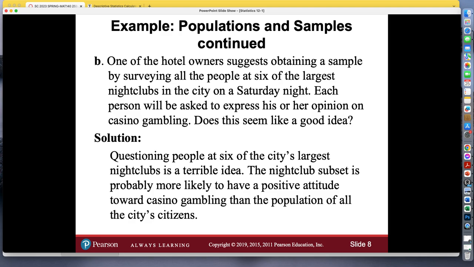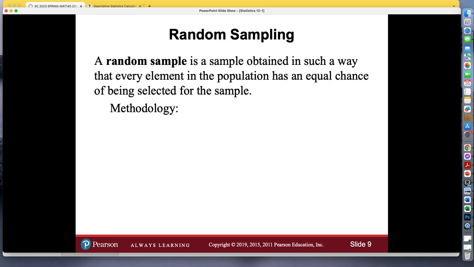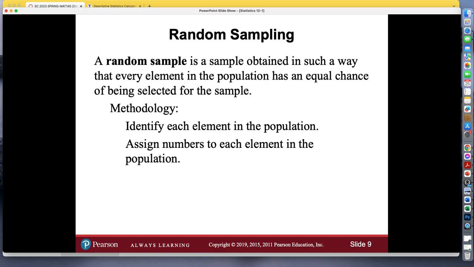How did they choose their sample? One of the things we can do is select a random sample. A random sample simply means that everybody in the population has an equal chance of being chosen for the survey. Now, not all of them may respond to the survey, but you need to have an equal chance. So you don't just go to the 6 nightclubs, but maybe you have some list of all the citizens, and then you could go through those lists.